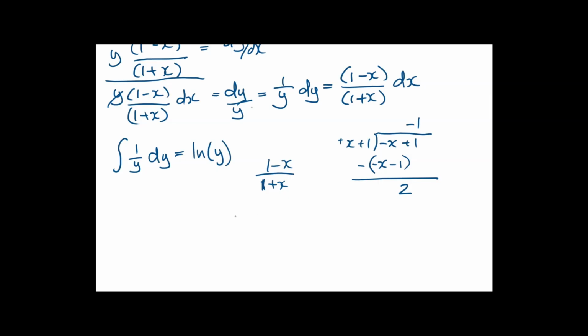So we can rewrite this as 2 over x plus 1 minus 1, which is really good for us because now there isn't an x at the top. There is only an x at the bottom.